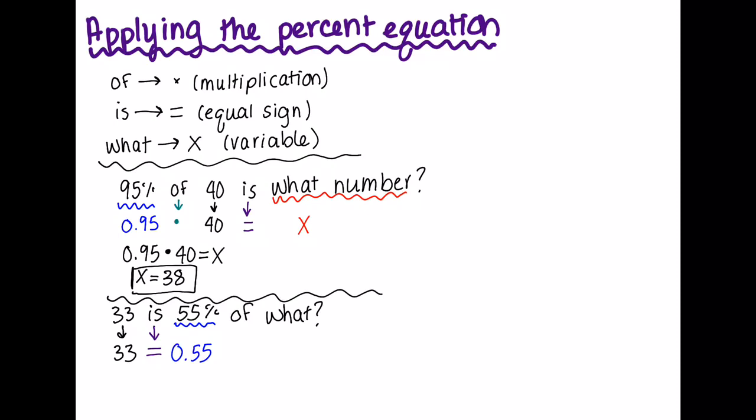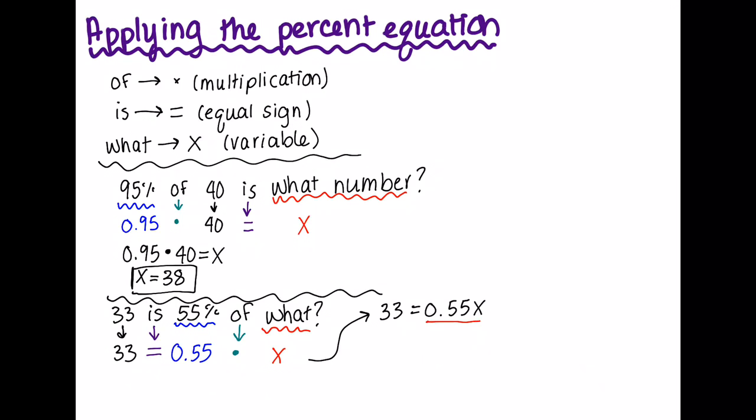Of is going to be multiplication, and then what will be our variable. So this says 33 is equal to 0.55x. So 0.55 times x is the same thing as 0.55x.